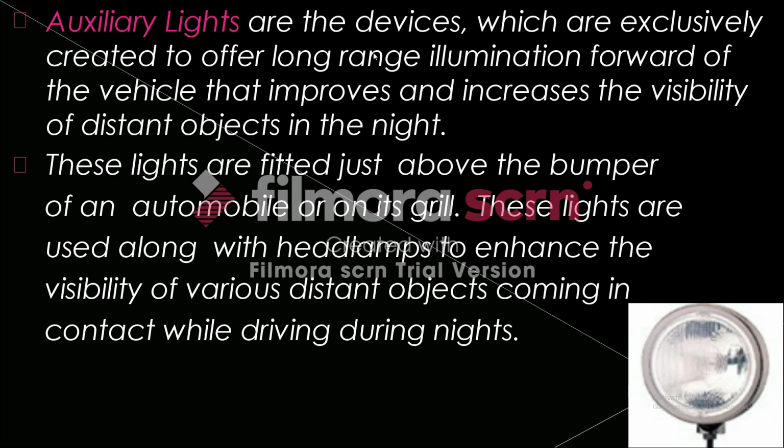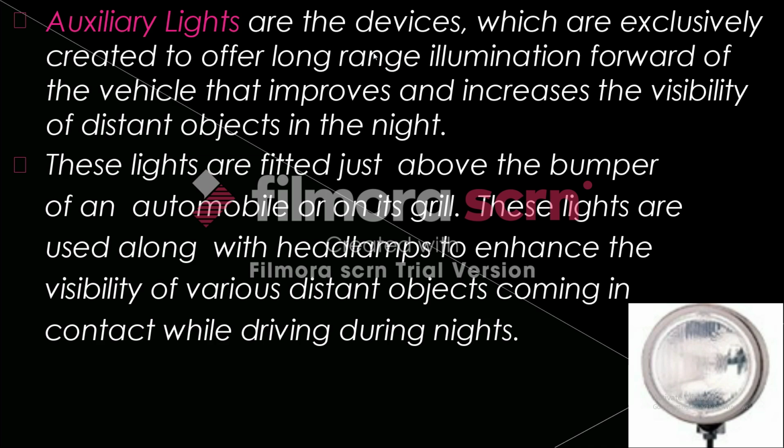Auxiliary lights. Auxiliary lights are devices which are exclusively created to offer long-range illumination forward of the vehicle that improves and increases the visibility of distant objects at night. These lights are fitted above the bumper of an automobile or on its grille.